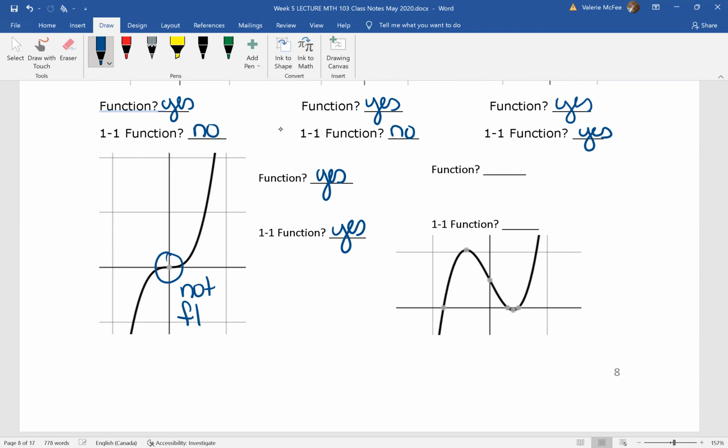If you plug in numbers, you'll know that about the cube function. The last one here, sure, it's a polynomial function. Yes, it is a function. Is it one-to-one? It intersects the graph 3 times. No, it's not one-to-one.